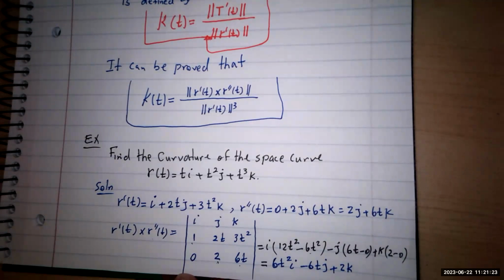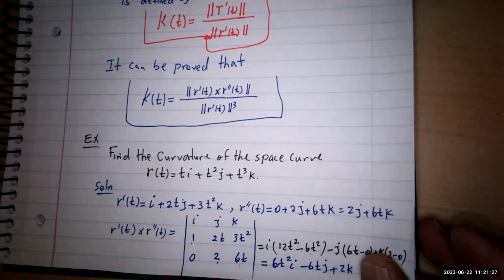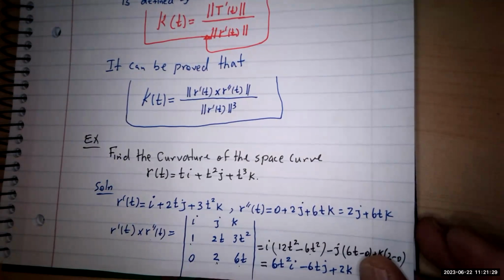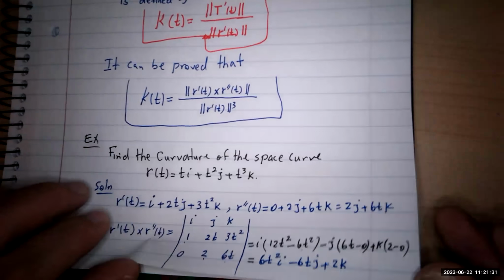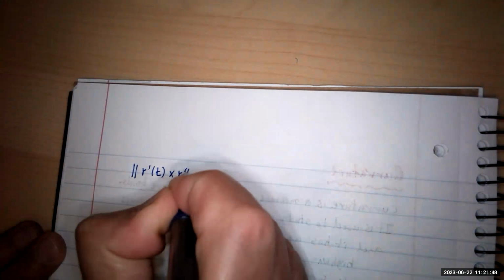I'm going to the next page, continue. You're taking the norm and then taking care of the bottom one to get the result. So I continue taking the norm of r prime of t cross r double prime of t.